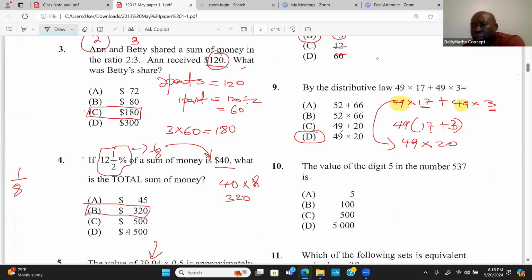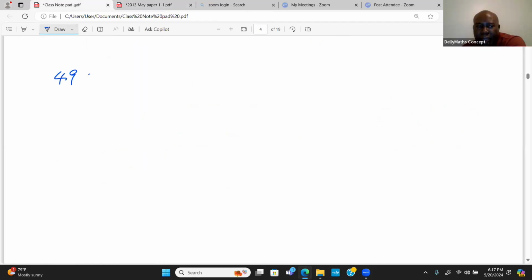Let me tell you why. Let me just do the factorization for you so that you can see it a little bit clearer. Yes, there is 49 times 17 plus 49 times 3. I'm going to show you this a number of ways.